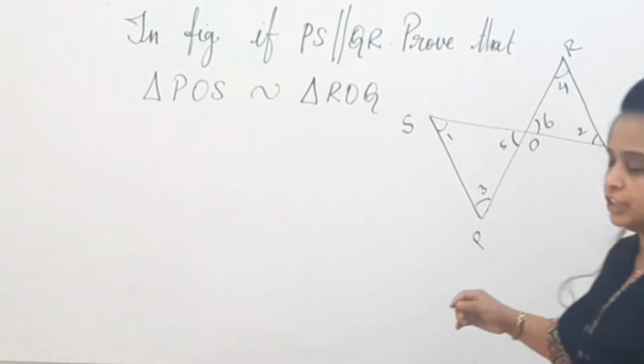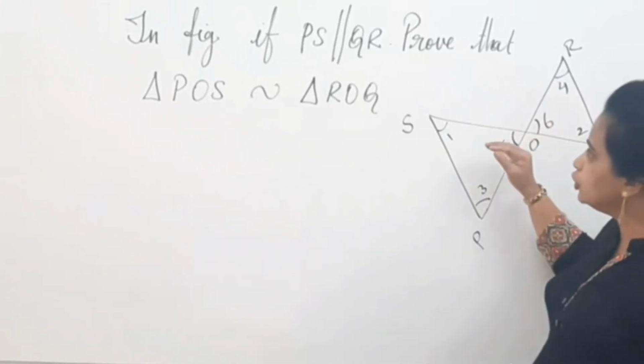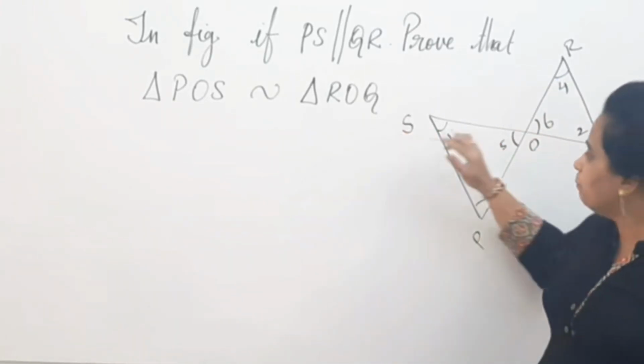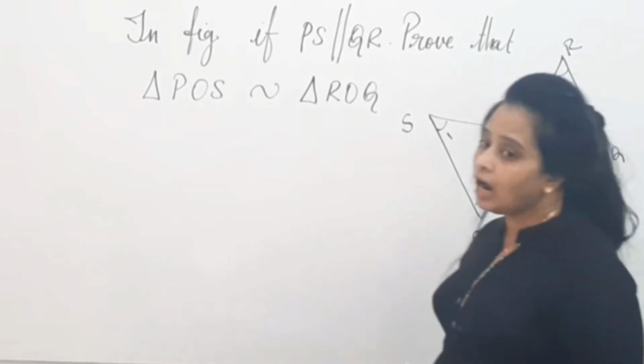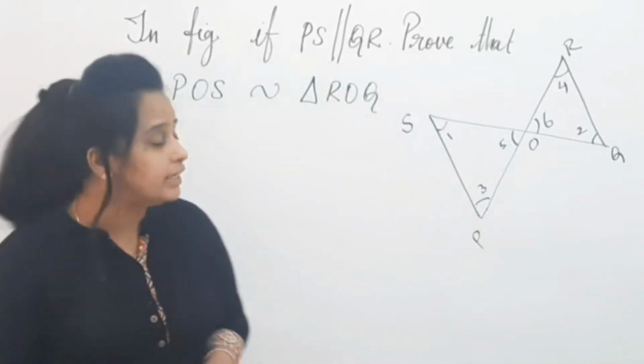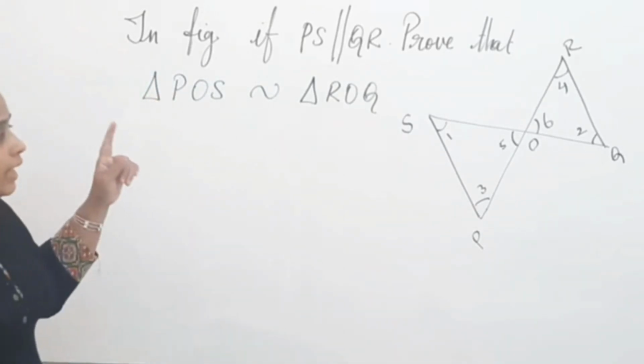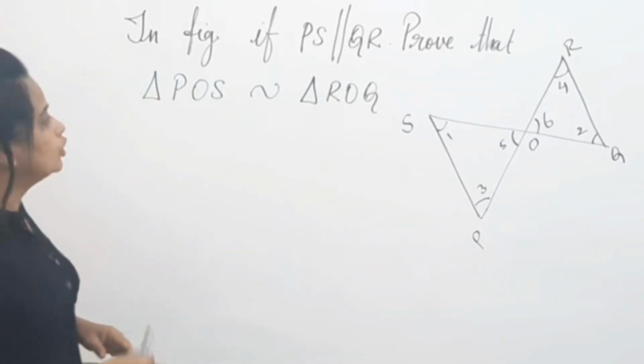Children, in this question, we are going to prove triangle POS is similar to triangle ROQ. But the condition given here is PS is parallel to QR.